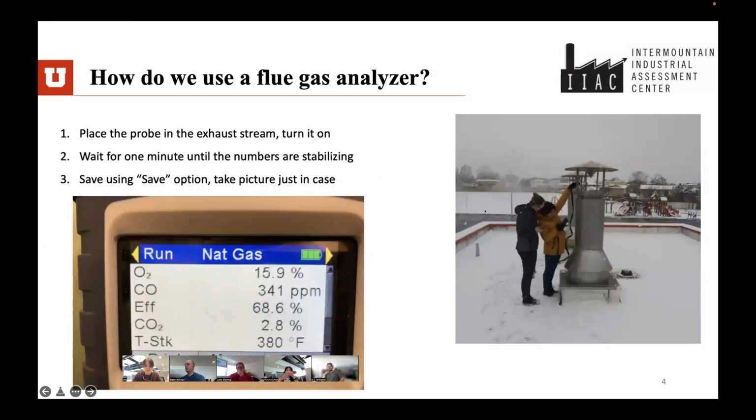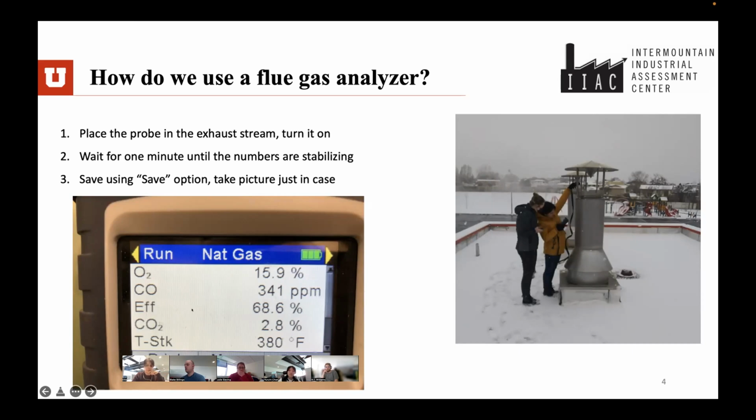And as you can see here, this is a picture of me and Lexi while we're trying to use the flue gas analyzer on a stack of a boiler. You put the probe in the stack stream, and you should wait for about 1 minute until the numbers are stabilized.